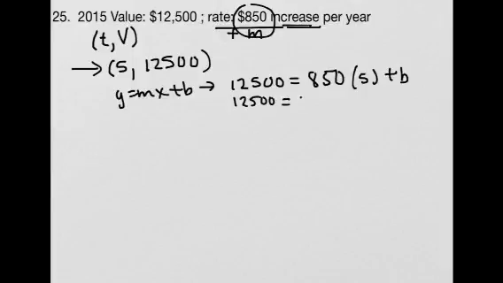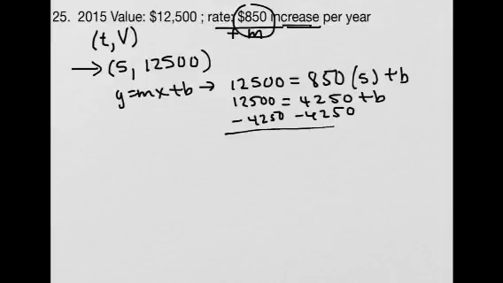So this gives me 4,250. Subtract that from both sides. So you get b is 8,250.